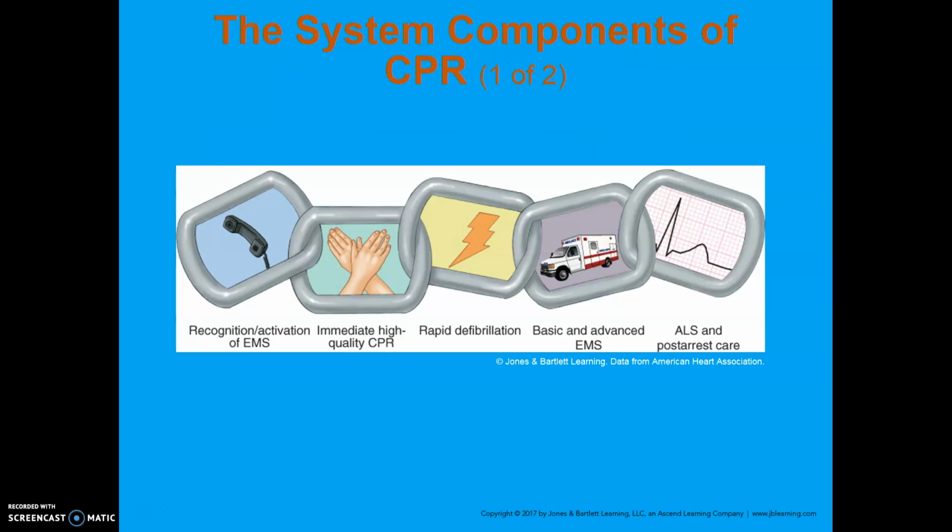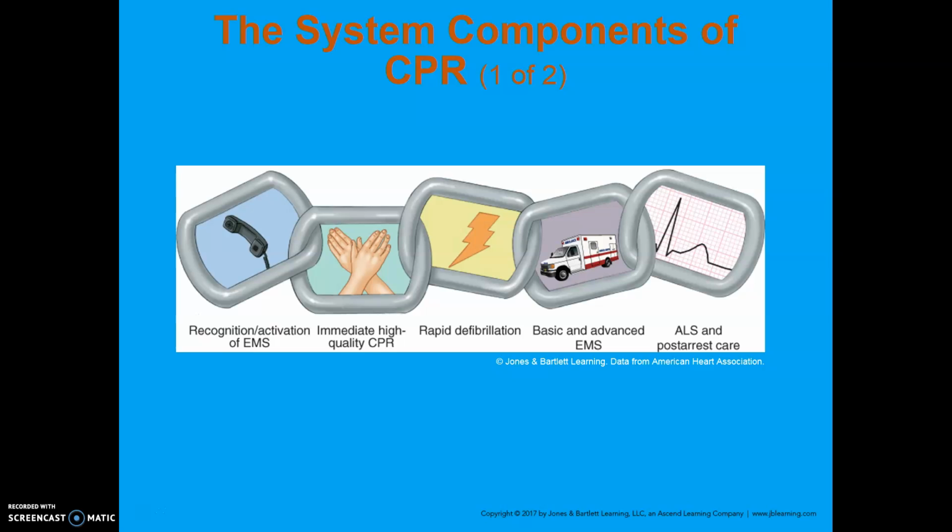The system components of CPR: you've got the chain of survival. The American Heart Association's chain of survival is recognition and activation of the emergency response system, immediate high-quality CPR, rapid defibrillation, basic and advanced emergency medical services, and then advanced life support and post-arrest care.